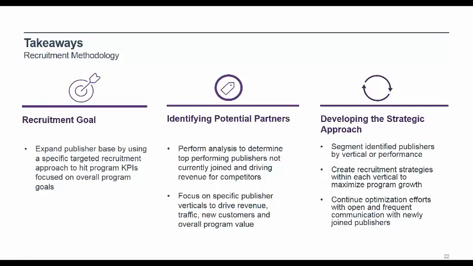Analyze top performers on the network you are not working with, conduct a competitive analysis to determine if the top publishers are actively promoting your program, and focus on specific verticals to drive revenue, traffic, new customers, and your overall program value. Continue to use optimization tactics such as segmentation with your activation campaigns and optimization campaigns, and focus your efforts on open and frequent communication with your newly joined publishers.